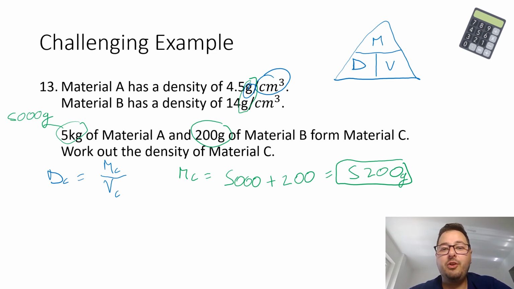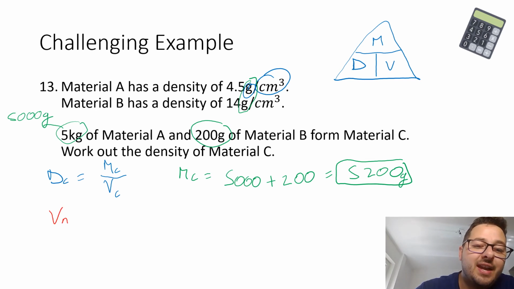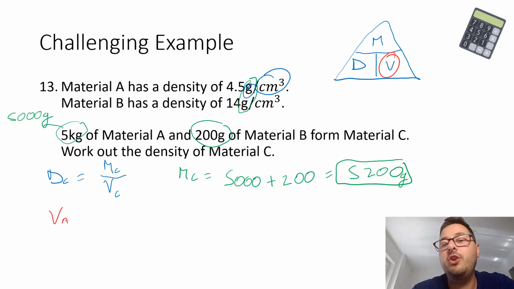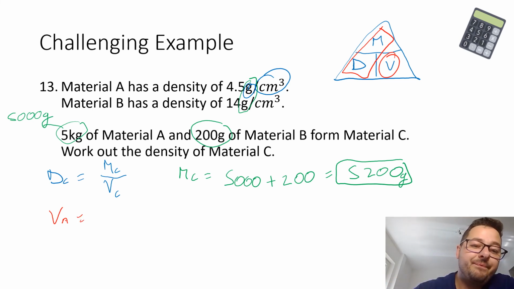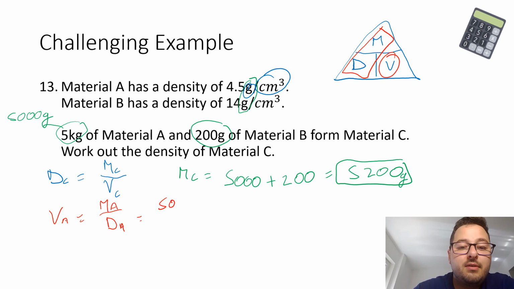Now we want to work out the volume. Now we don't have the volume of either of them, but if we know their mass and if we know their density, we can work out the volume. So let's start off with A. So the volume of A. Now let's use our formula. So the volume is going to be mass divided by density. So the mass of A divided by the density of A. Now the mass of A is 5,000 and the density of A is 4.5.